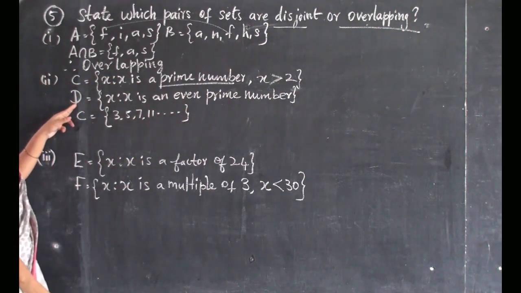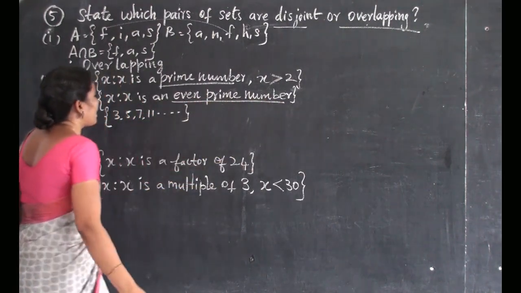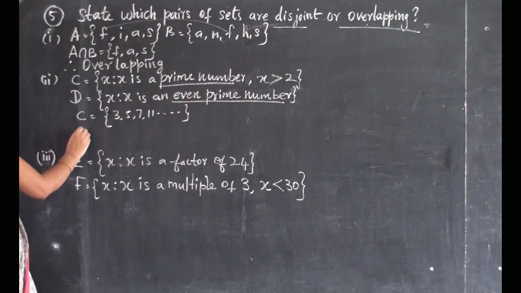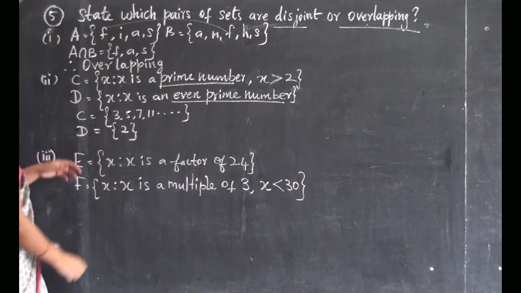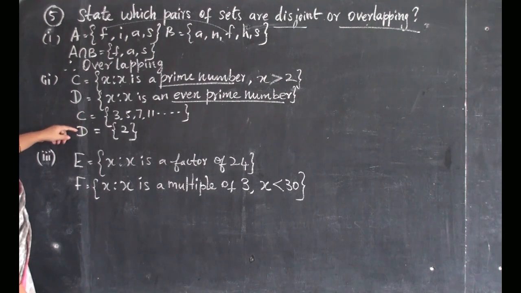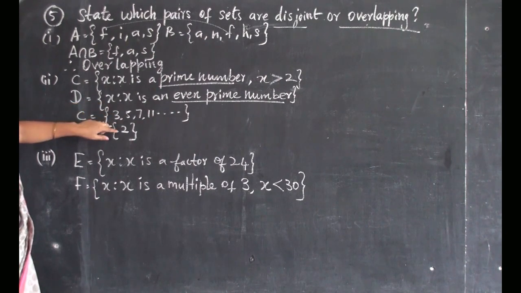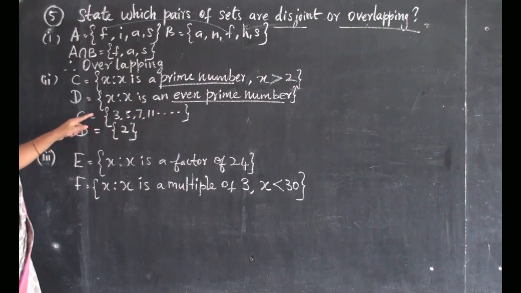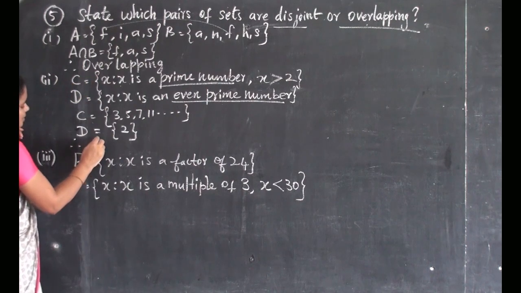And D is {x such that x is an even prime number}. For even prime number we have only one element, that is 2. Okay, now C and D. Whether we have any common element present in C and D? No element is common in C and D. So it is a disjoint set.